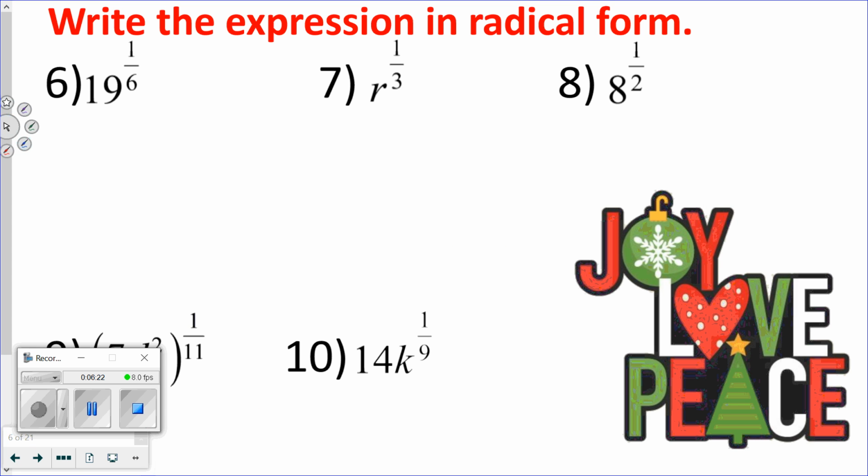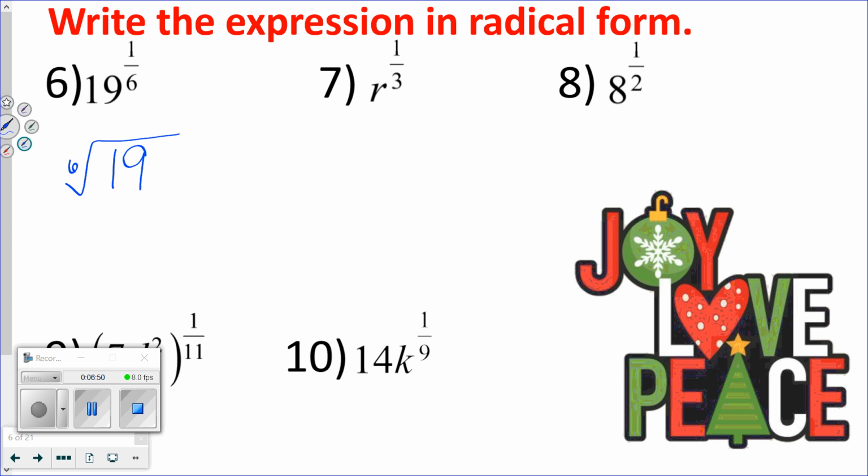All right, number 6. Corbin. Can anyone help him out with how that's worded? There you go, the 6th root of 19. Not only do we need to know how they switch, you really should learn how to say them. It's always entertaining to hear how people describe things.